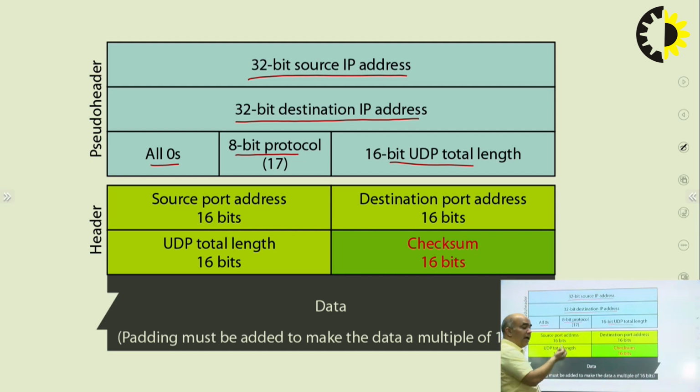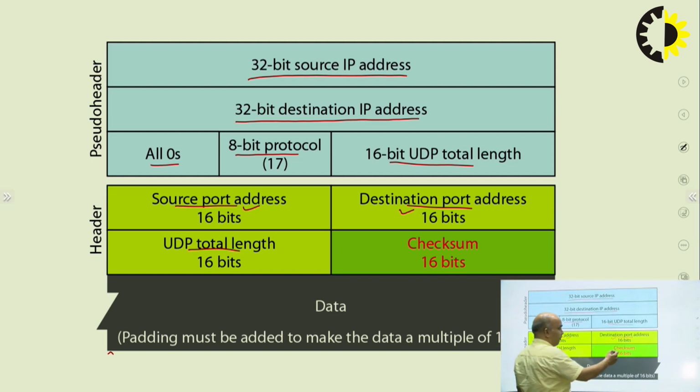Like TCP, in UDP we need a source port address and also a destination address. Why? Because in the transport layer we have process to process communication, and for this we need a source port number as well as a destination port address. Then we have the UDP total length.